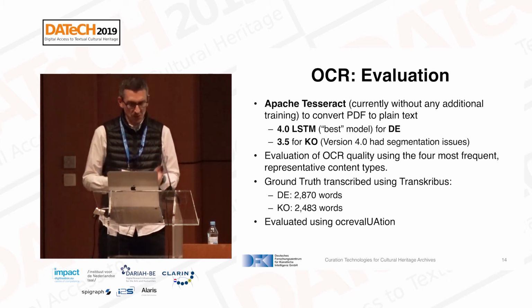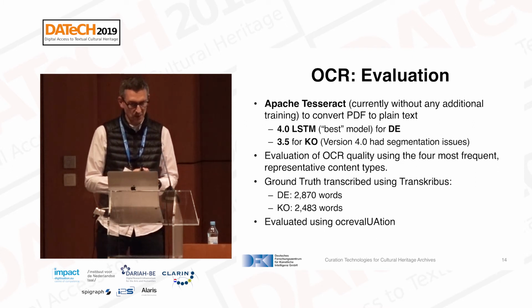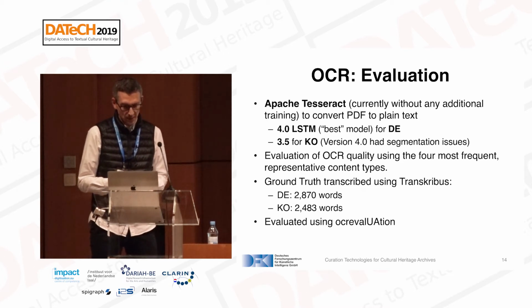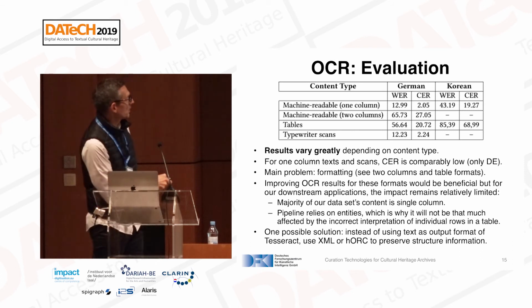Essentially no segmentation was applied. 3.5 then worked. And we did a small evaluation. Our ground truth was constructed using Transkribus, with about 3,000 words in German and about 2,500 words in Korean, evaluated using OCR evaluation. This is what it looks like.